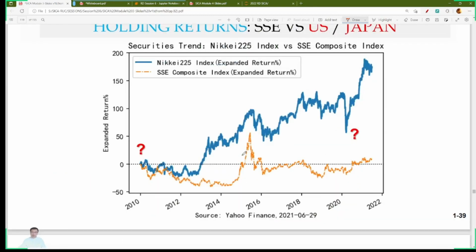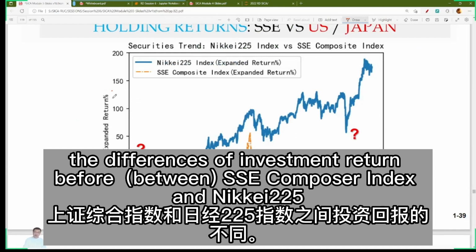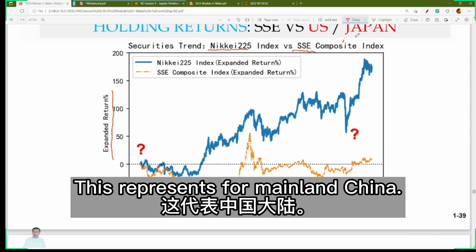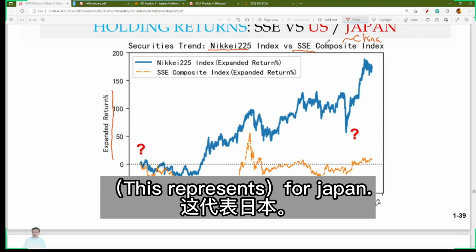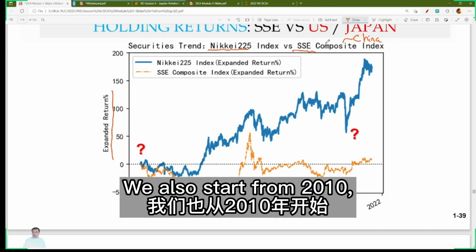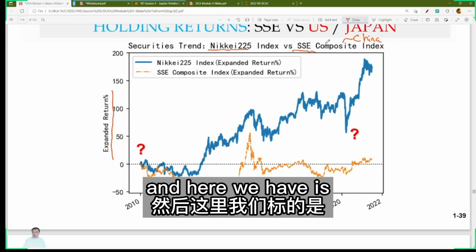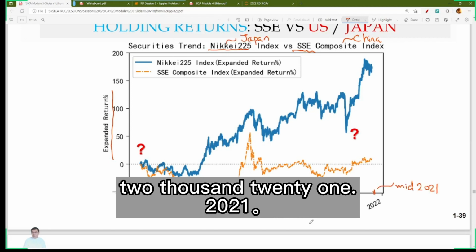Next, let's look at the differences of investment return between SSE Composite Index and Nikkei 225. This represents mainland China. This represents Japan. We also start from 2010, and here we have 2021.